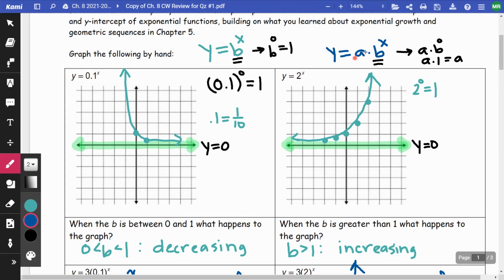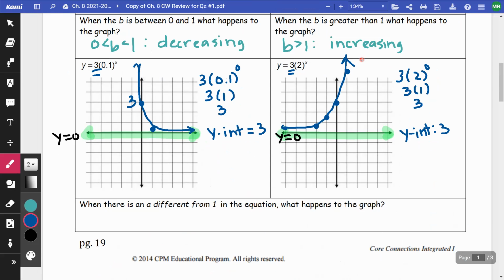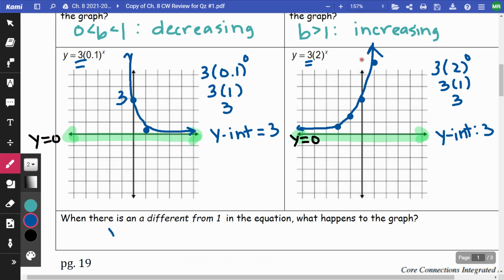But when I have an a in front of my base to a power, every time I put 0 in for this x, this whole thing right here is going to become a 1. So I'm always going to get my a. So when there's a different a in front besides 1, what happens to the graph? The y-intercept is no longer at 1.